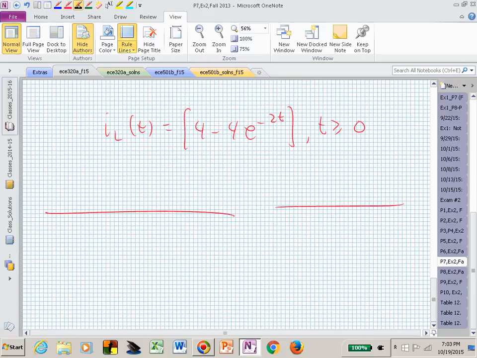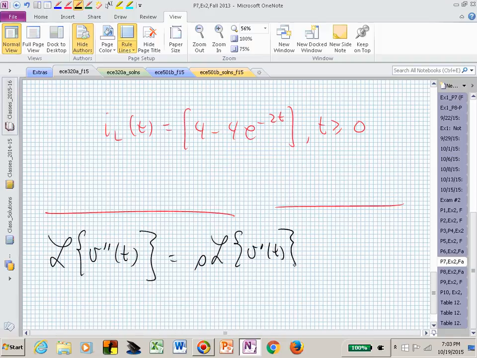If you have this, let's say that you now had v double prime of t, and you wanted to Laplace transform that, then I would say, oh, that's s times the Laplace transform of v prime of t minus v prime of 0 minus. Yes? That's just applying the Laplace transform of a first derivative.